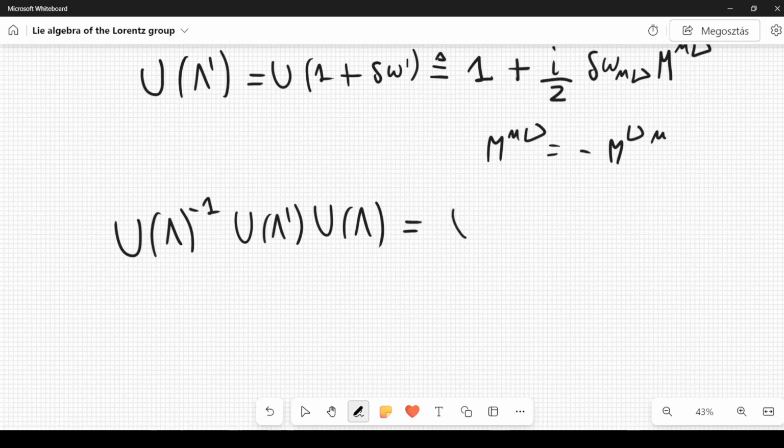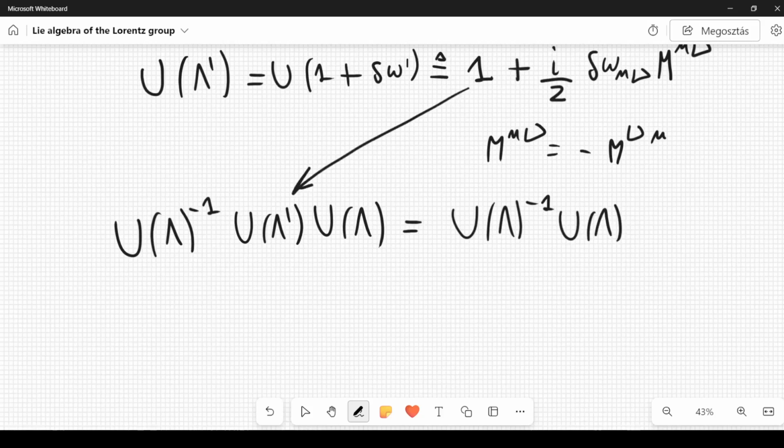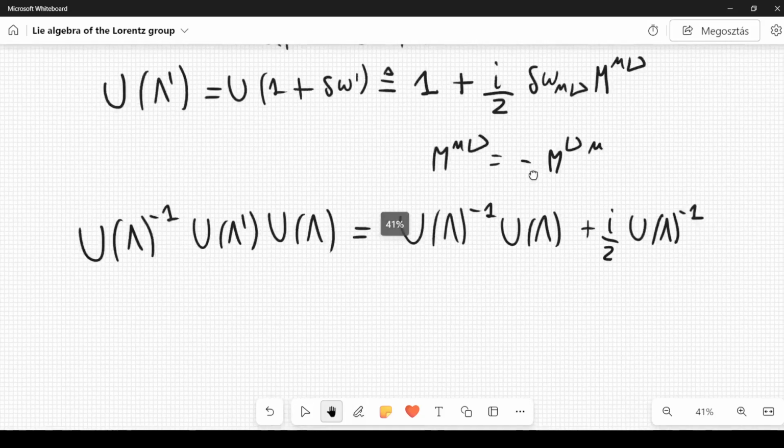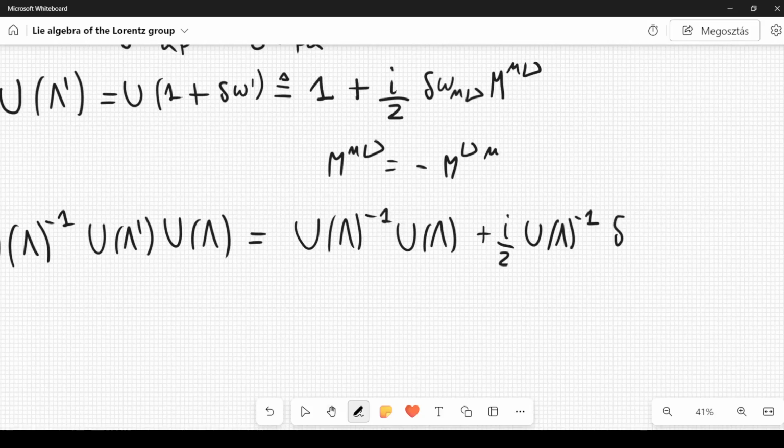We get U of lambda inverse U of lambda, because we have replaced this, so the identity must be inserted there, so we get this first term plus another term: plus i over 2 U of lambda inverse, then delta omega mu nu M mu nu U of lambda.